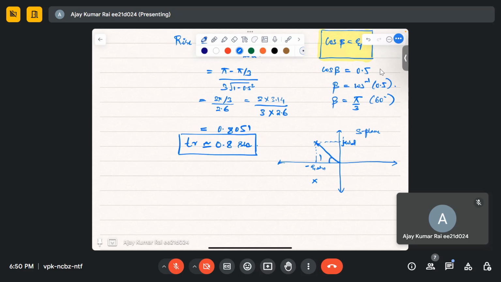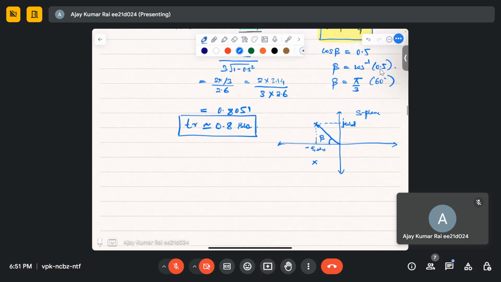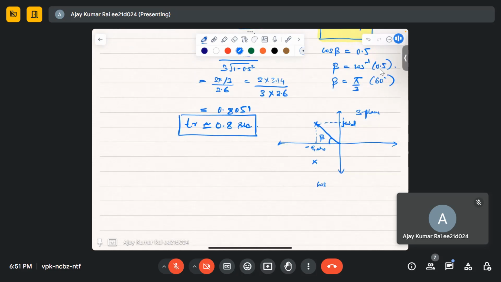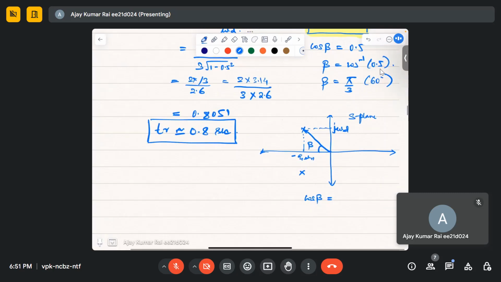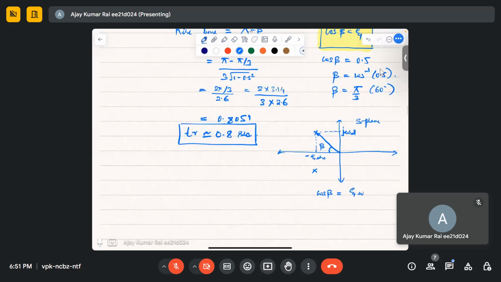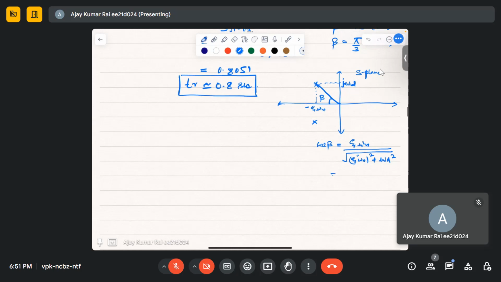This will be beta, right? And cos of beta is equal to what? Base over hypotenuse, which is omega n by the root of omega n square minus, plus omega d square.